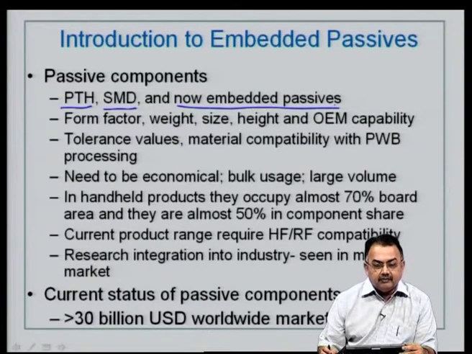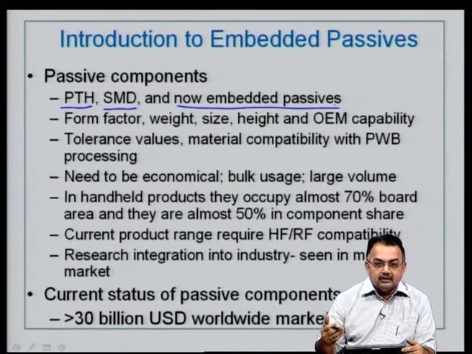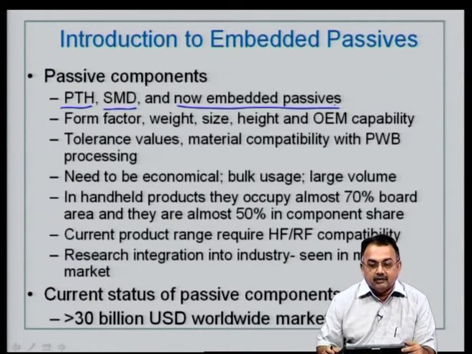We have seen in one of the earlier chapters different packages. So, we have seen through hole components and the requirement for assembly of through hole components and so on. Now, we are going to talk about the requirement of using passives in embedding them while fabricating a substrate that is used in system level packaging.